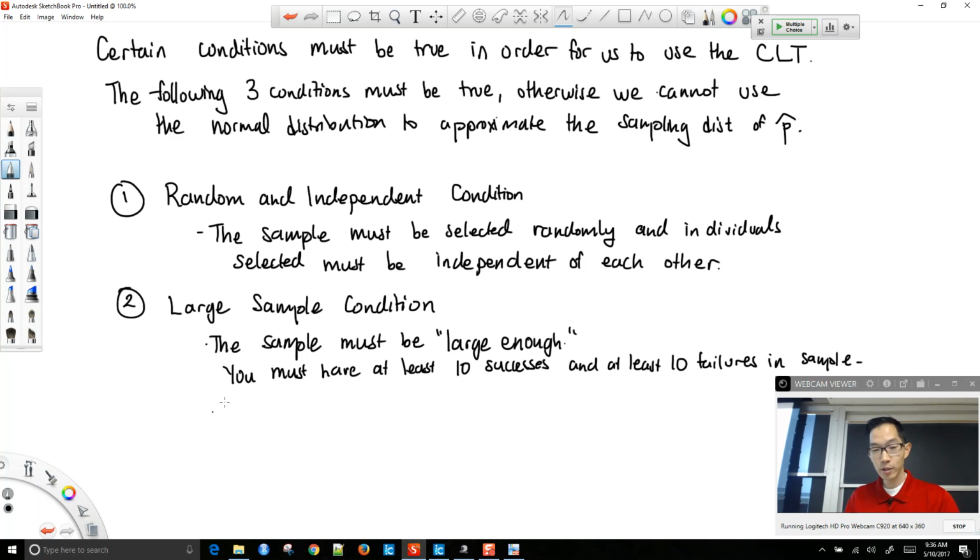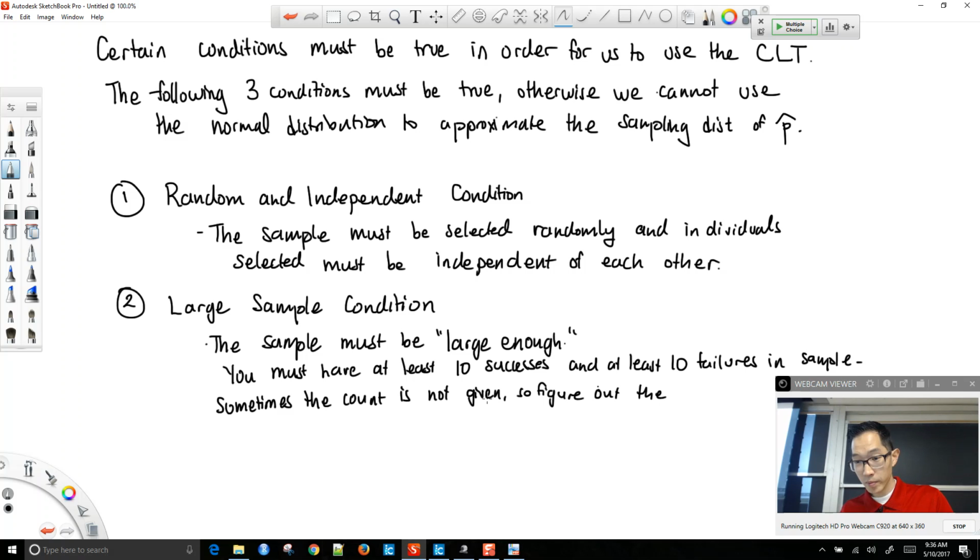Sometimes the count is not given, and in those cases, you have to estimate your count by doing n times p and n times 1 minus p.